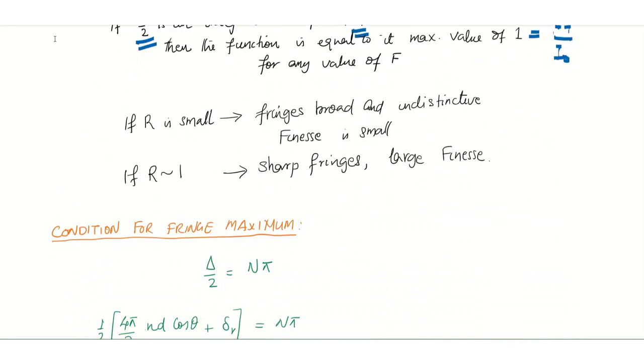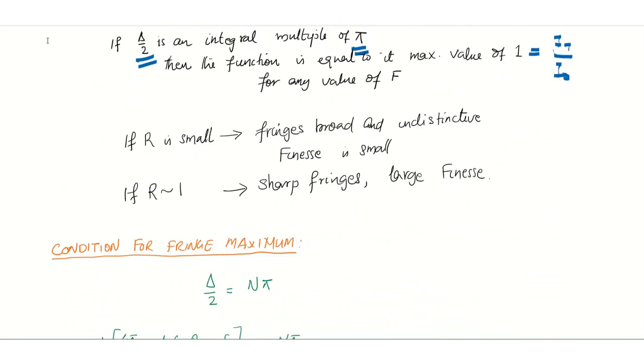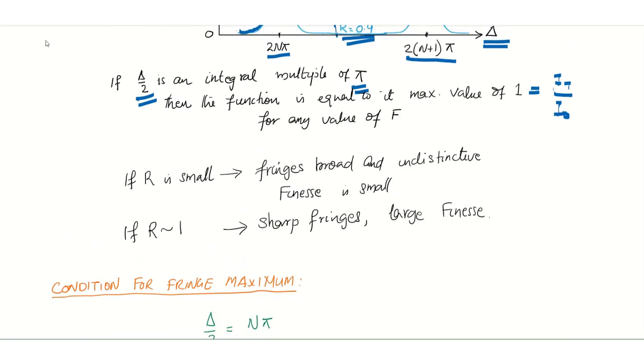Now, that means for R small, fringes are broad and indistinct, the finesse is small, and if R is close to 1, it's a large finesse. What did I say? If R equal to 1, I equal to I0.